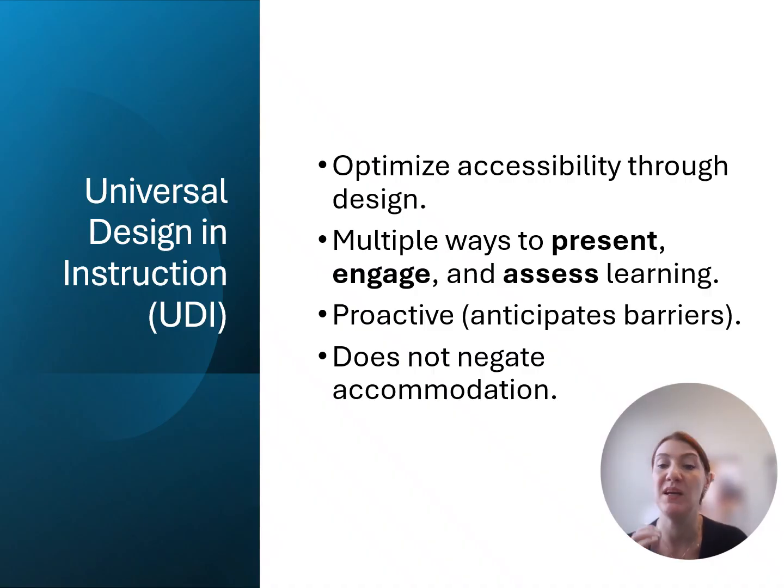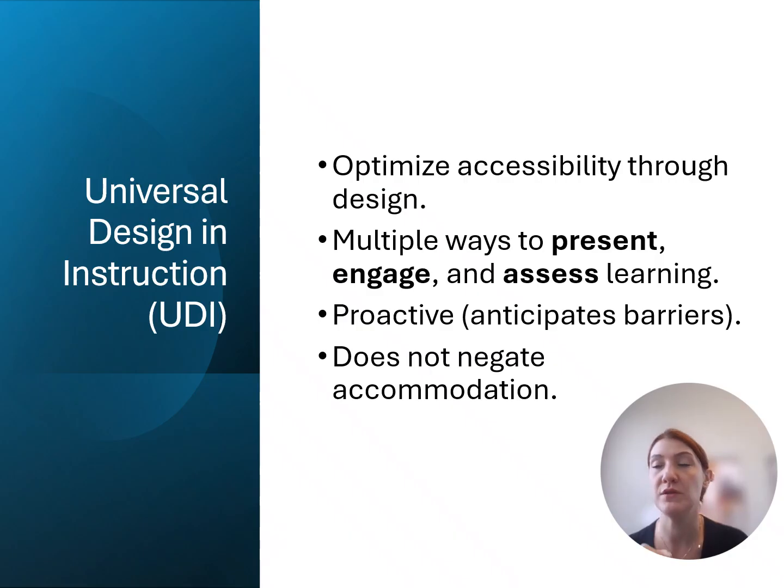But for our purposes today, we're really going to focus on higher education and instruction. And this is intended to be very proactive. And the reason that it is proactive is because we're anticipating barriers so that those individuals who may be experiencing barriers don't necessarily have to disclose them.